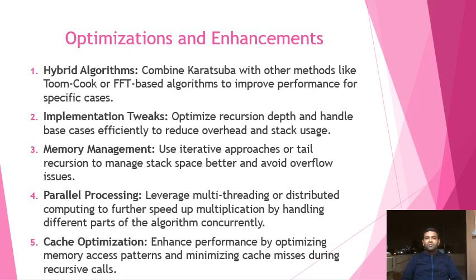Memory management: use iterative approaches or tail recursion to manage stack space better and avoid overflow issues. Parallel processing: leverage multi-threading and distributed computing to further speed up multiplication by handling different parts of the algorithm concurrently. Cache optimization: enhance performance by optimizing memory access patterns and minimizing cache misses during recursive calls.